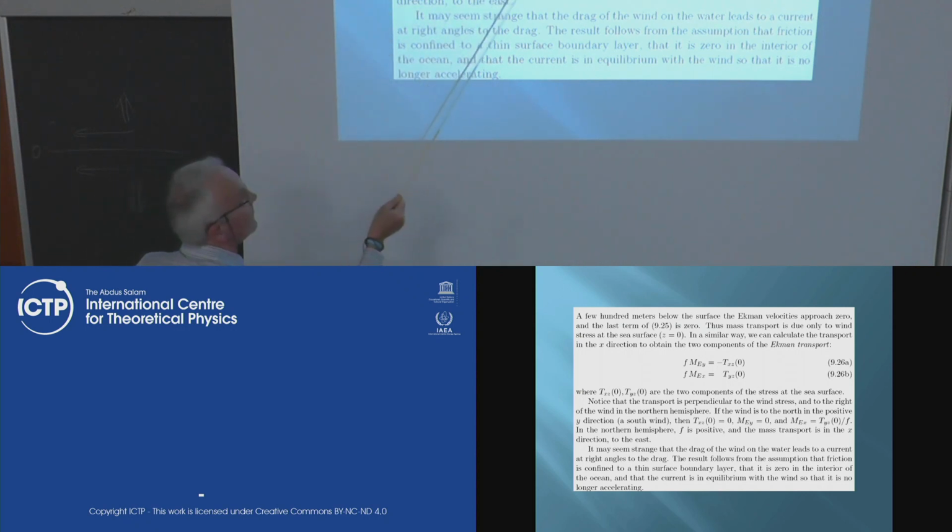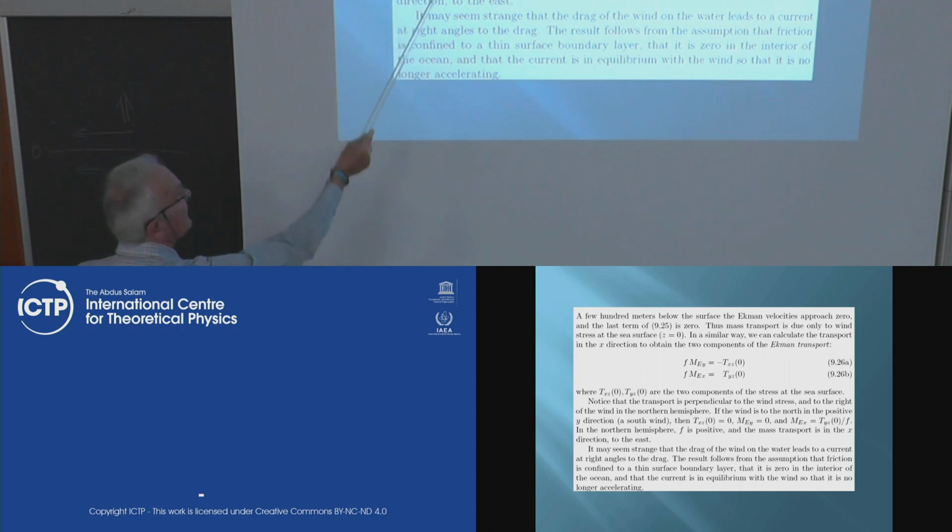A few hundred meters below the surface, the Ekman velocity approaches 0, and so we don't have to take into consideration whatever is happening at the bottom at minus d. Thus the mass transport is due only to wind stress at the sea surface.